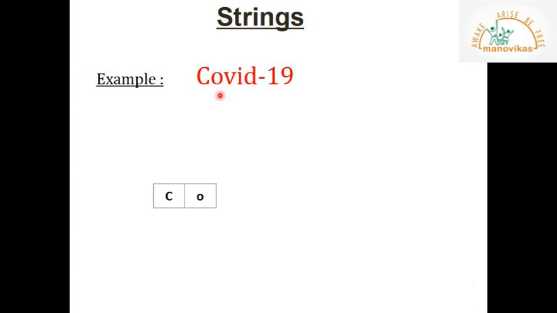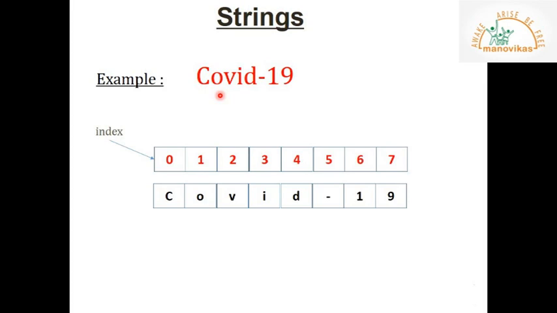Each character in the string can be identified using its index. Each character has a different index, and the first character has the index 0. So remember, the index of the first character in the string is 0.